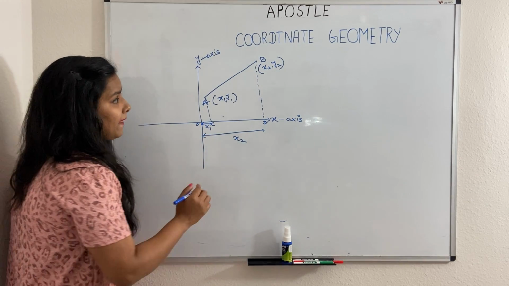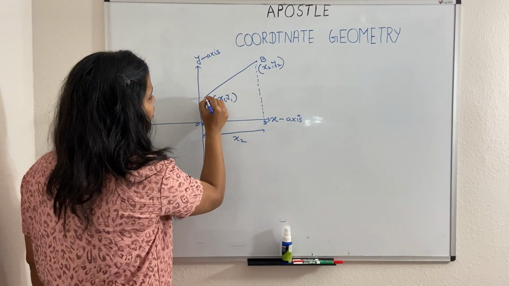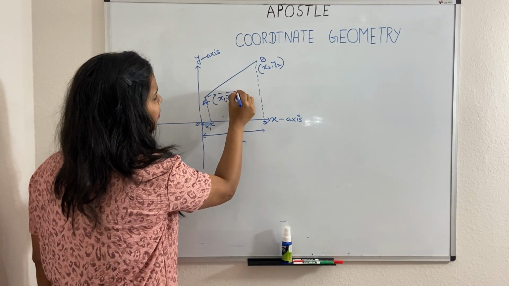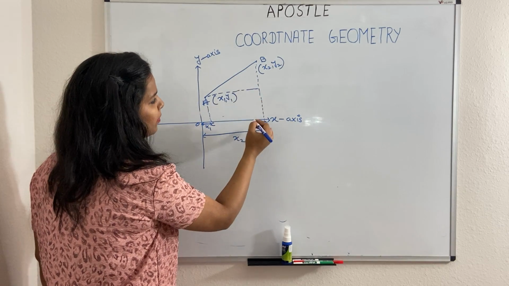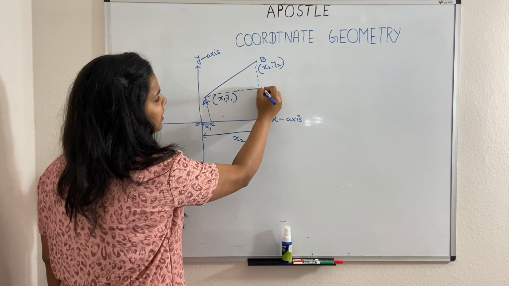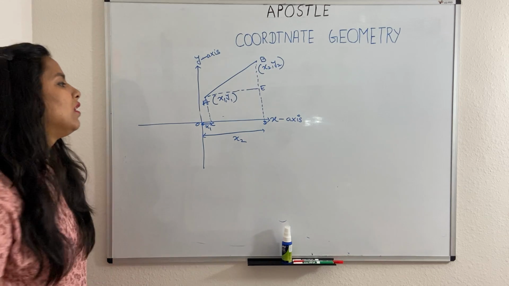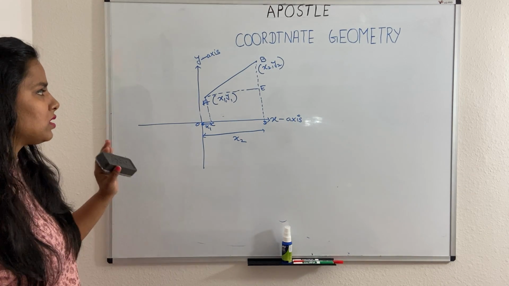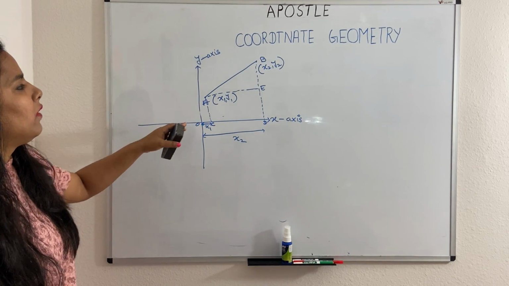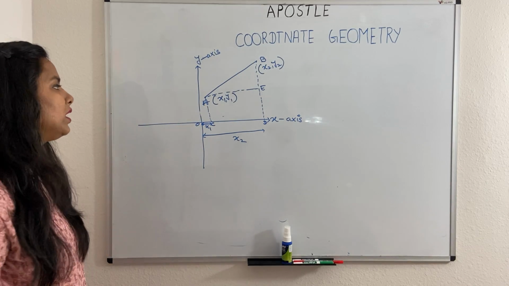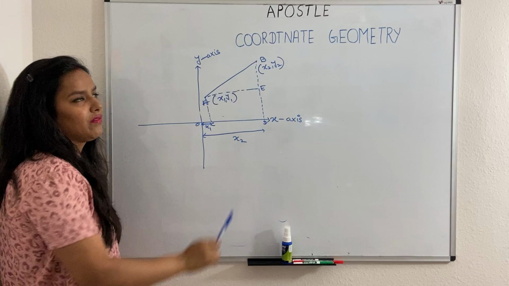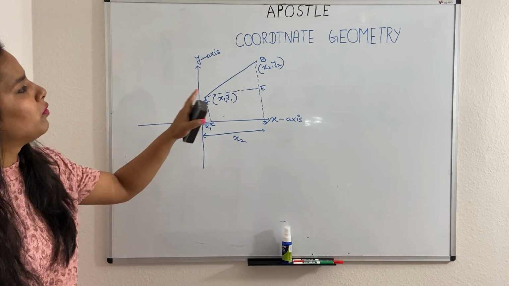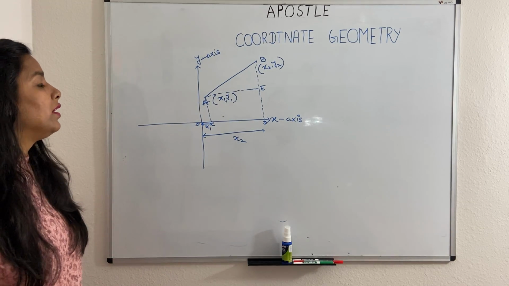Now I am again drawing a perpendicular from point A to the line BD, and we give this the name E. Clear? First of all, we draw a line AB, and the coordinates of point A are x1 comma y1 and the coordinates of B are x2 comma y2.